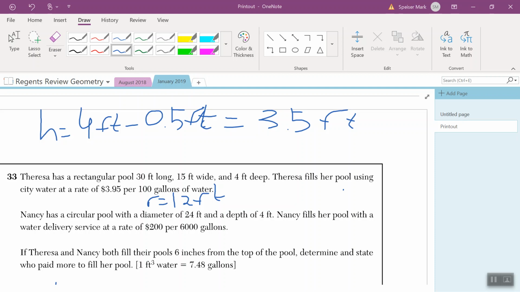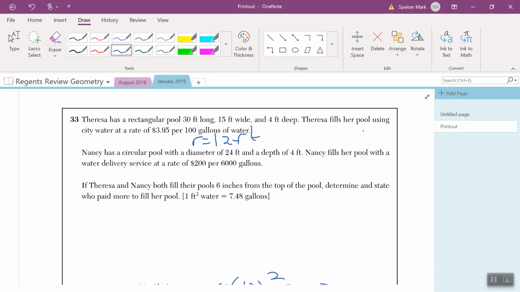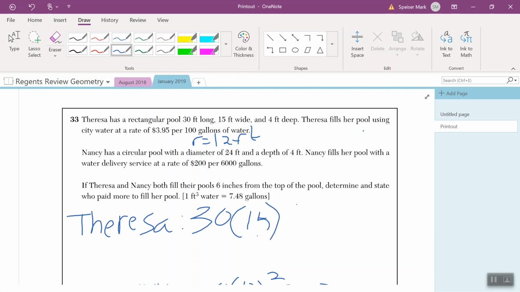So let's start our calculation. First, we're going to figure out Teresa's cost. Teresa has the rectangular pool, which is 30 by 15 by 3.5. Make sure that decimal is really noticeable.